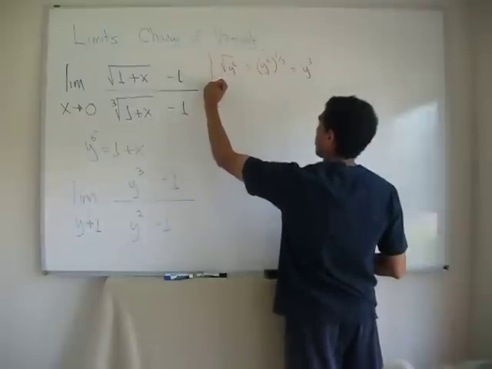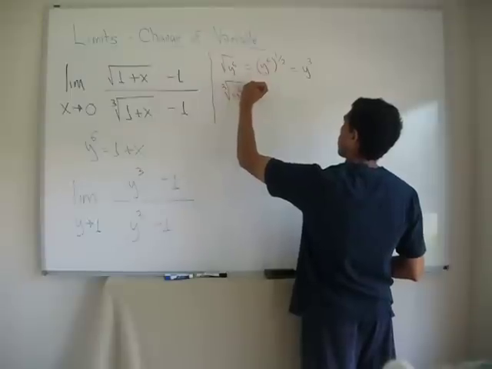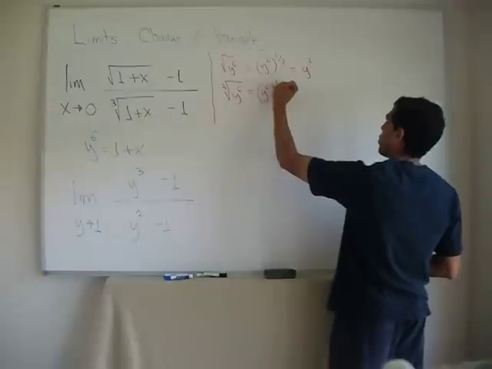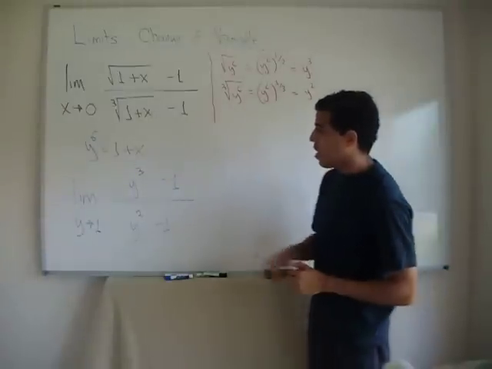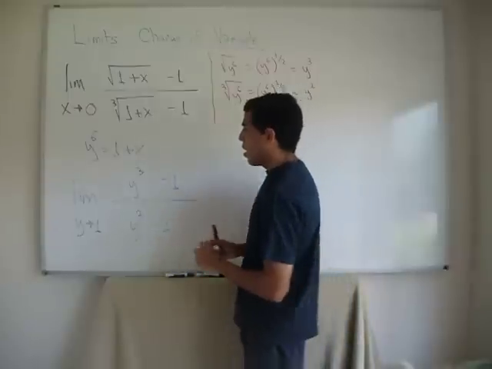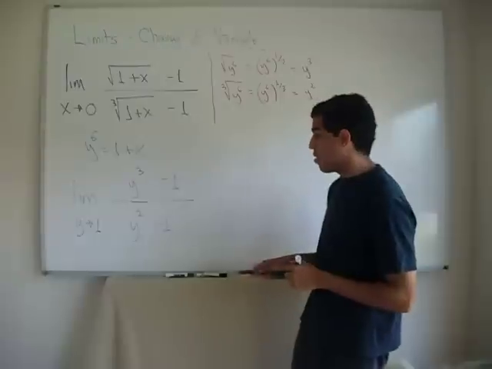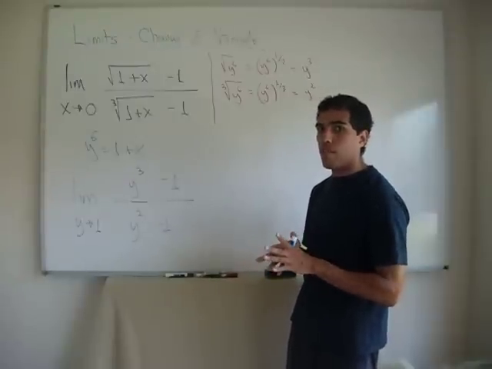And the cubic root of y to the 6 is equal to y to the 6 to the power 1/3, and this is equal to y squared. And this is what we end up with. And this looks a little bit nicer. There are no radicals, there are no complications. We got rid of the radicals. We still haven't gotten rid of the indetermination.